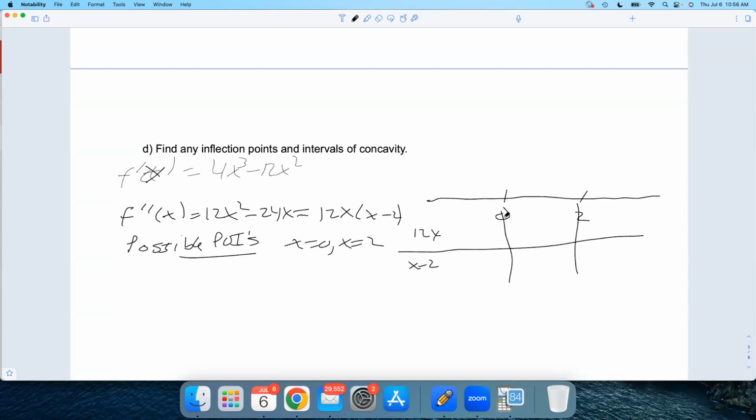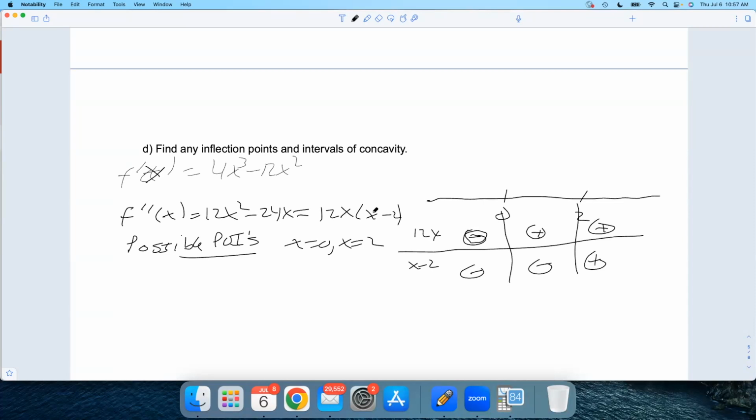Okay, this guy switches at 0. He's negative before 0 and positive after. This guy switches at 2. Right there, he's going to be negative before 2, positive after. So both of these are negative, and that's a positive. It's a negative right there.